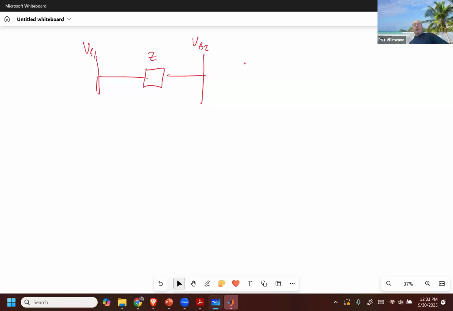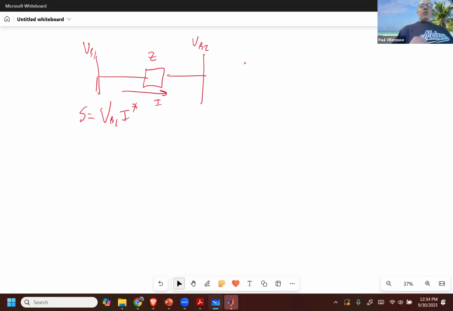So the first thing is, what is the complex power that is being transmitted from bus 1 to bus 2? Well, if you want to solve for S flowing there, it's just VB1 times I conjugate. That total power going from bus 1 into the transmission line, as well as being delivered to bus 2, has to be carried by the current, right?